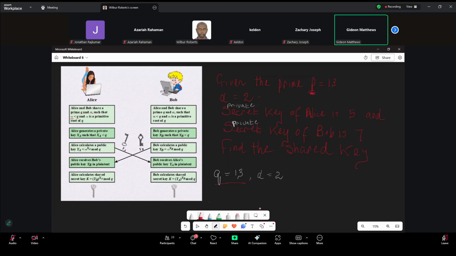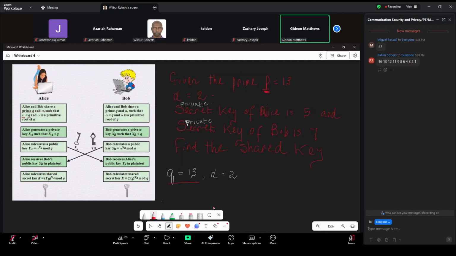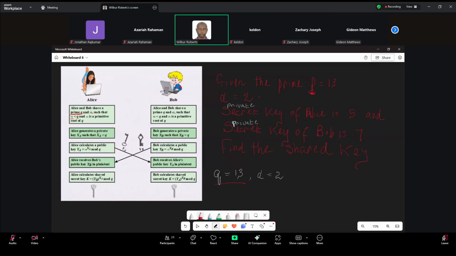Given that the prime P is 13, it means that Q is 13. Look here, prime Q. If you put P for prime or Q for prime, it will be the same thing. Good? Go ahead.